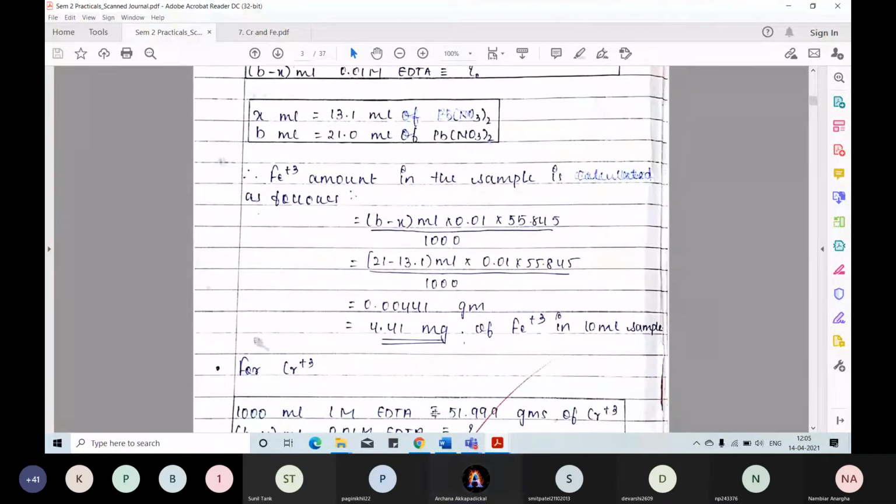Is it visible? Yes, it is. Is my screen visible? Yes, yes, it's visible. Okay, fine.